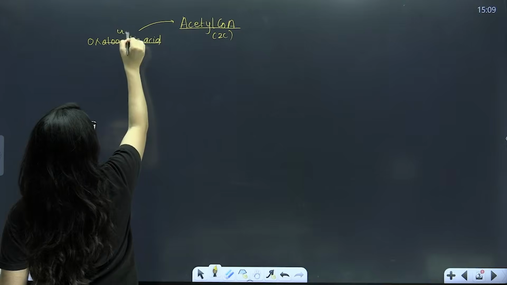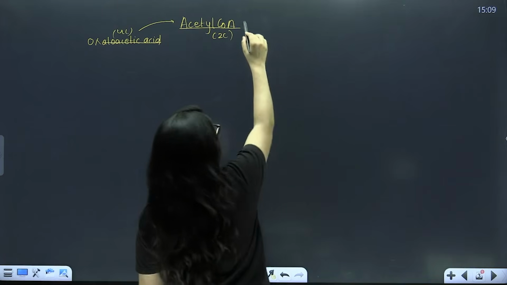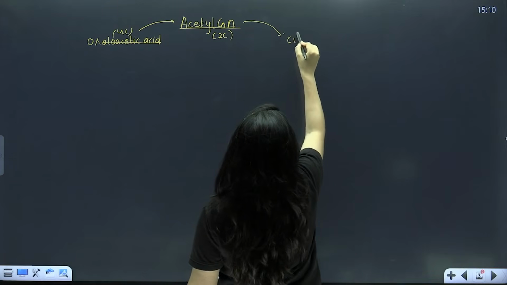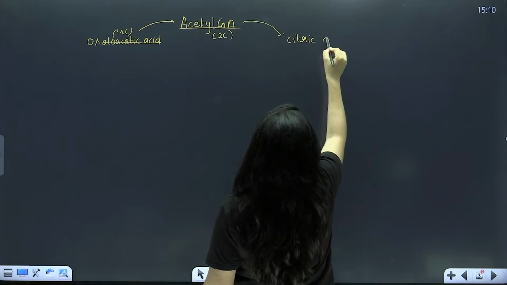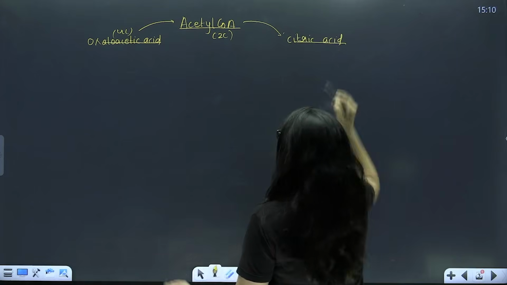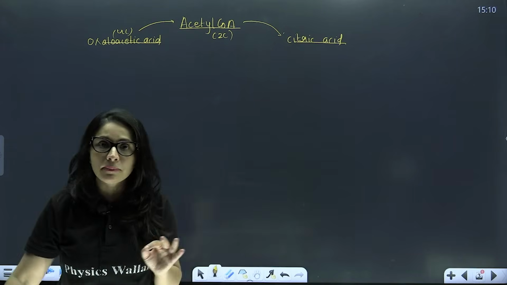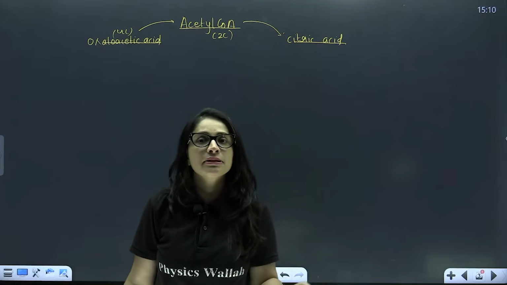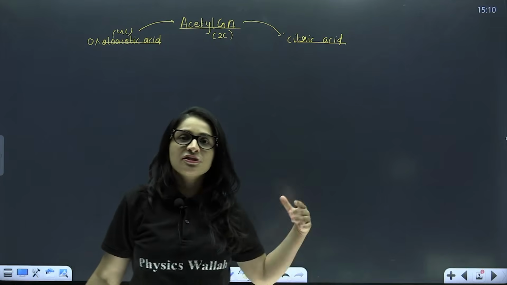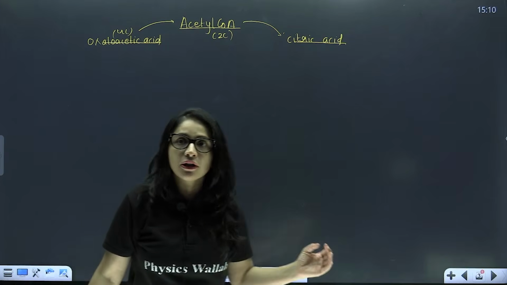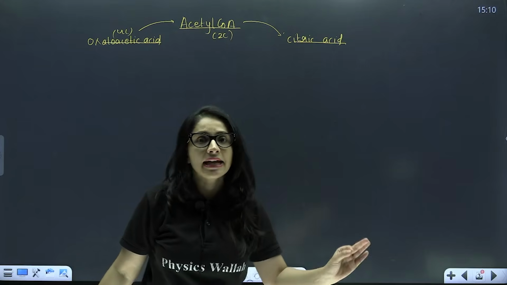So 4 plus 2, it yields the first stable product which is a 6-carbon compound, that is citric acid. Since the first stable product is a 6-carbon compound, this Krebs cycle is also referred to as citric acid cycle.